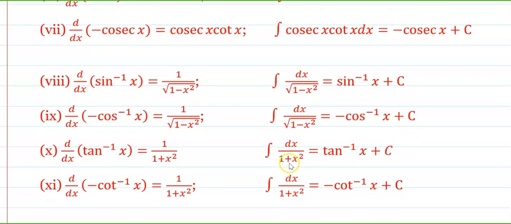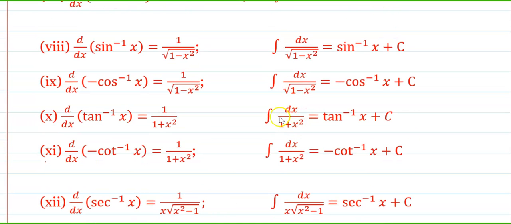Okay. Next, suppose that I want to find out the integral of 1 upon 1 plus x square. Then again I will ask the question, which is the function whose derivative is 1 upon 1 plus x square, and that is nothing but the tan inverse of x, and hence its integral is tan inverse of x.